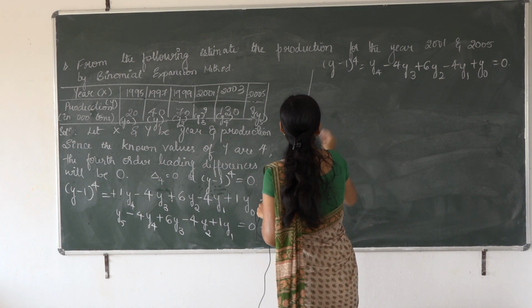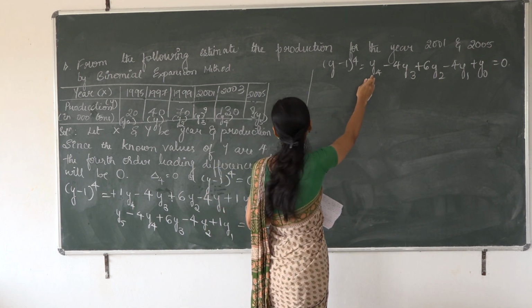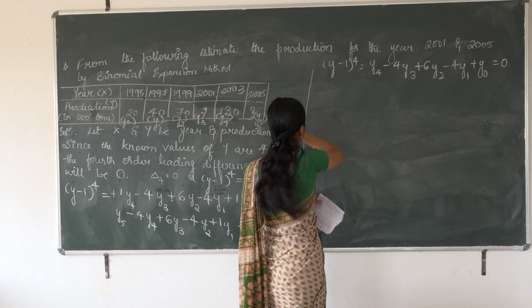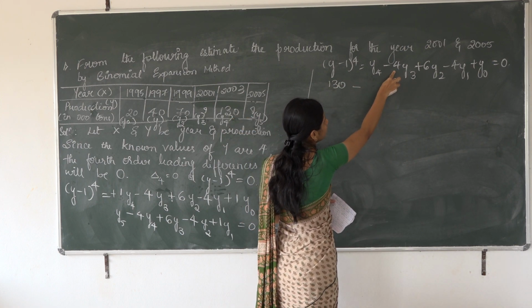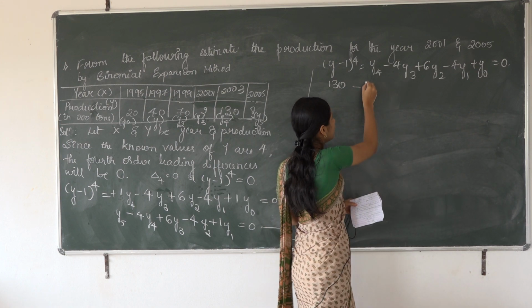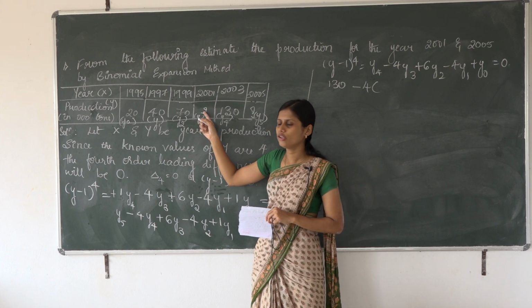Now we will substitute the values in this equation. So what is the value of y4? See, y4 value is 130. Write as it is: 130 minus 4 into y3 value. See, y3 value is unknown.